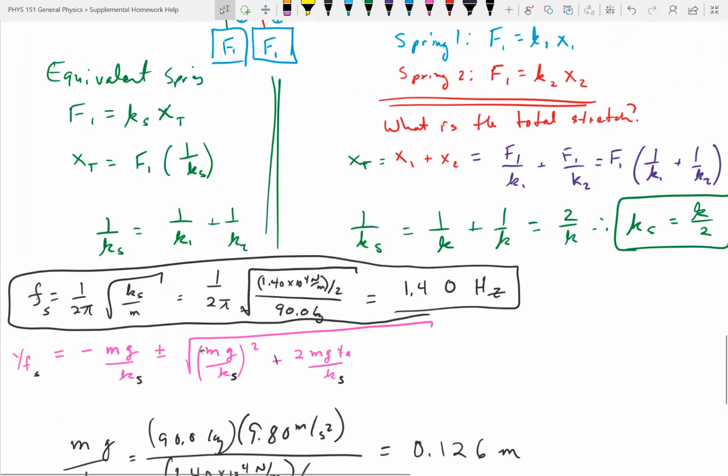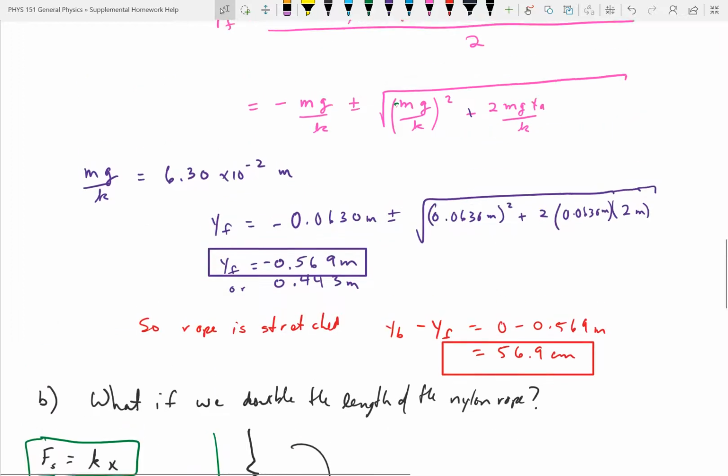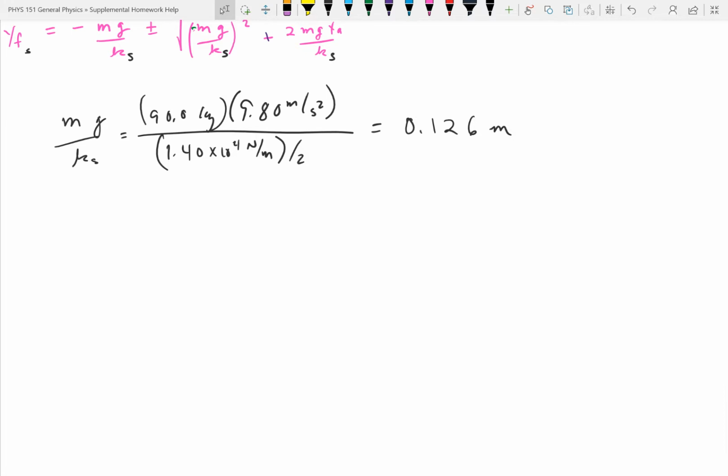That can't be right. 90 times 9.8 divided by, goes around in a circle.